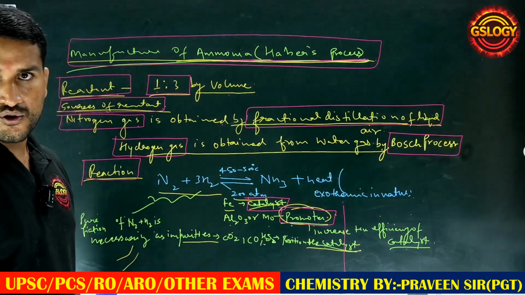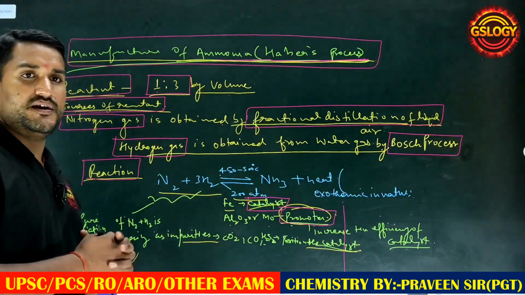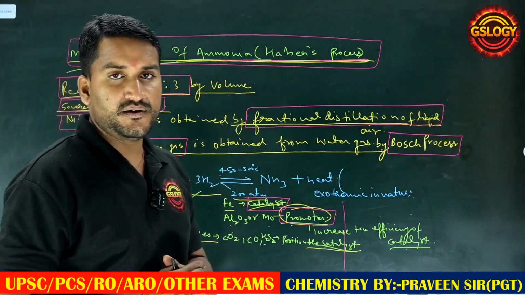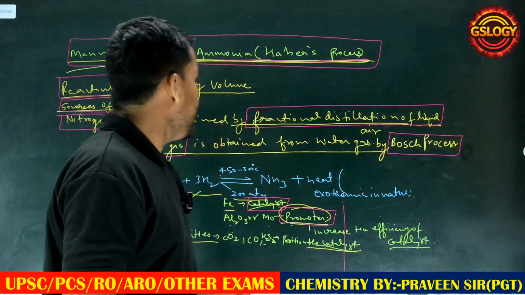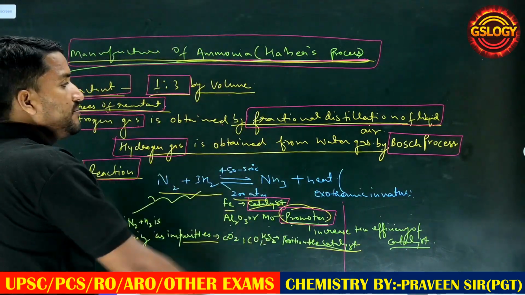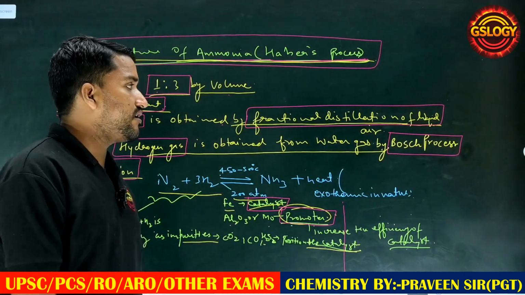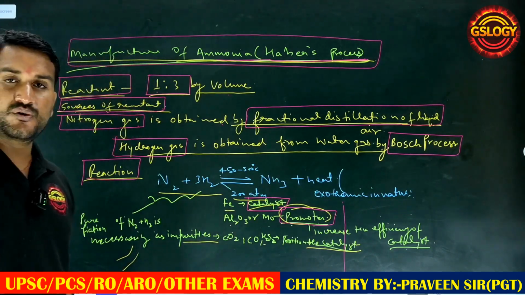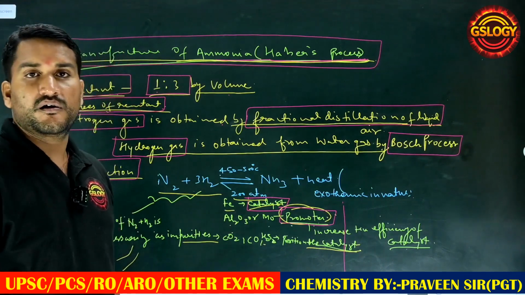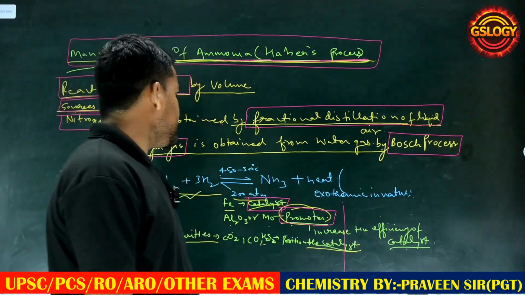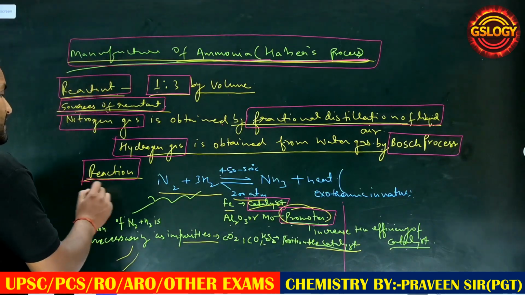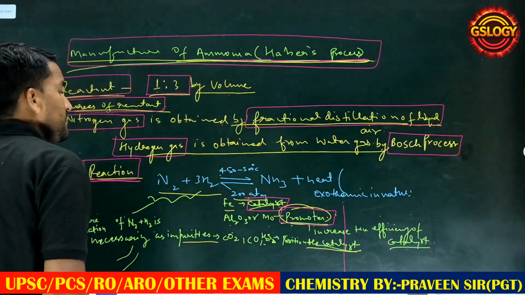So clear? Got it everyone? In this process the reactants used are nitrogen and hydrogen. Nitrogen gas is obtained by the fractional distillation of liquid air, and hydrogen is obtained from the water gas by the Bosch process. So what is the reaction in this process?